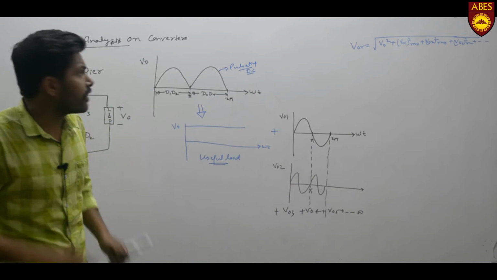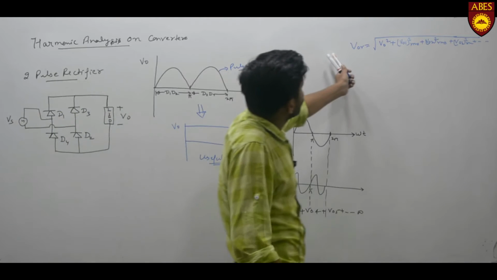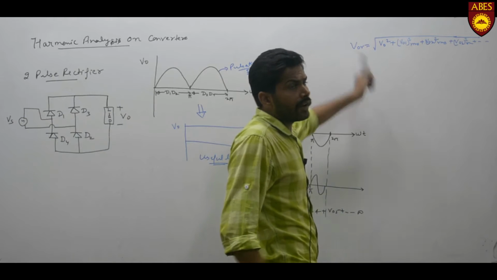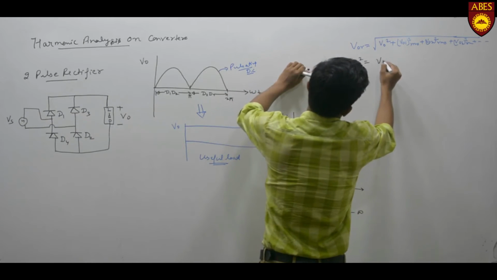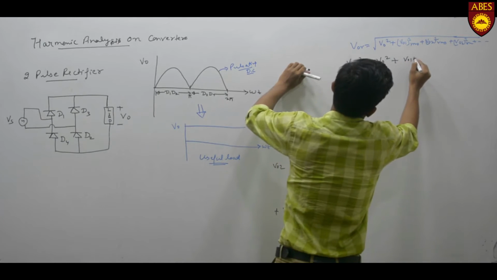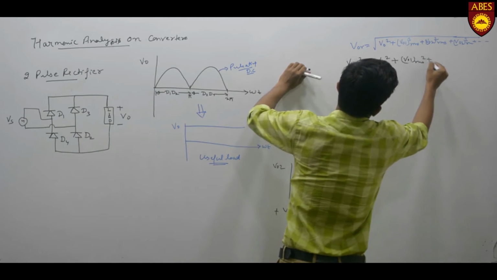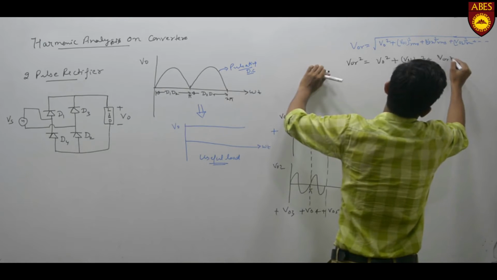In order to calculate the voltage ripple factor, we square the term on both sides: VOR square is equal to V naught square plus V01 RMS square plus V02 RMS square.